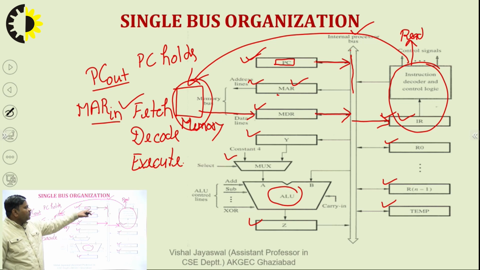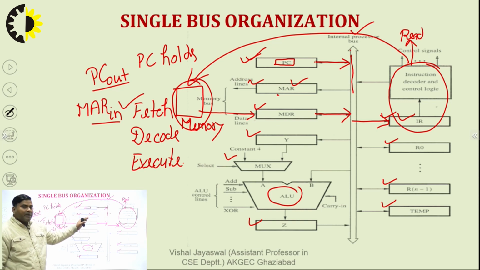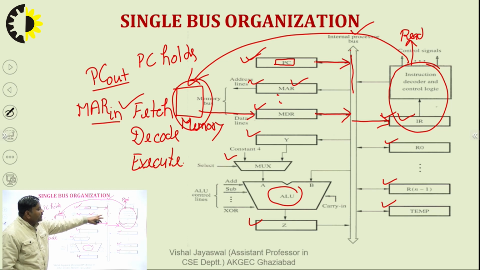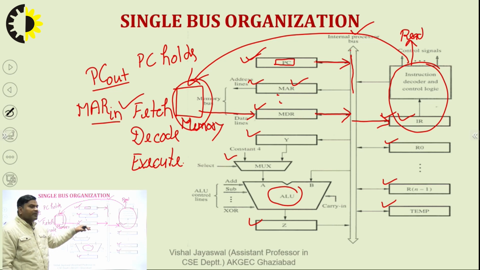First we place the program counter register value on the internal processor bus, then we receive the program counter value in the MAR, the memory address register. Then we issue the read control signal to the memory. The instruction corresponding to the value in the memory address register is read out from memory and goes to the MDR.